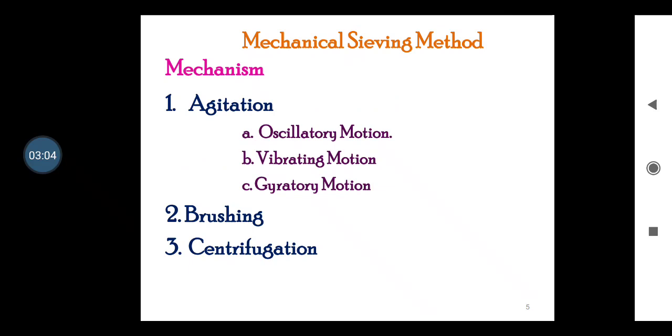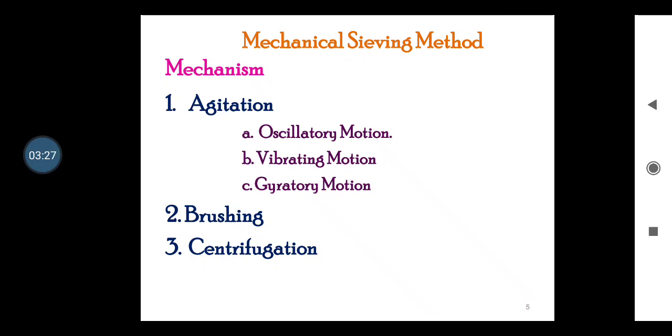As far as the different mechanisms of the sieving method as well as the fluid separation method are concerned, when we talk about the very first method, that is the sieving method, mechanical sieving performs its role on the basis of different methods, that is agitation, brushing and centrifugation.